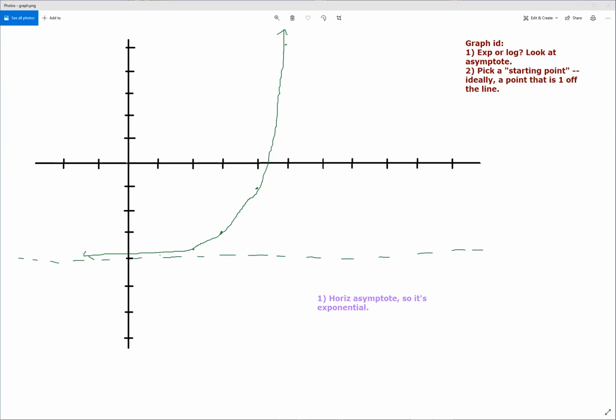So if I notice this point right here, let me grab a different color. This point right here is 1 off the line. So we're going to use this as our point of reference, and we're going to say that our new origin is right here, and this is the new 0, 1. If this was a logarithm graph, we would do the same thing, except we would go in this direction.